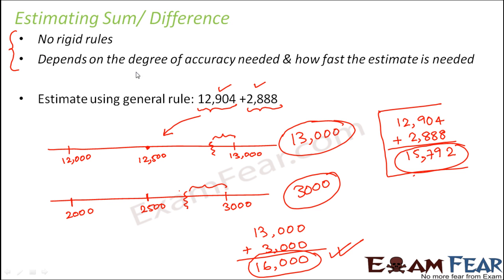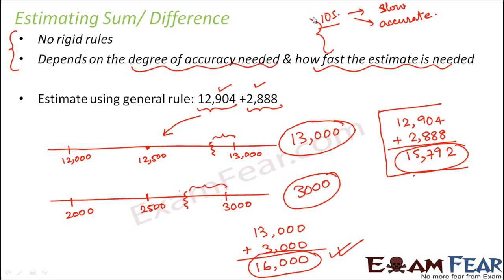It just depends on how much accuracy you need and how fast you need the estimate. Rounding off to tens might be slower because you need more time for the calculations, but it is going to be more accurate. It is just the opposite for the higher places like thousands or lakhs.